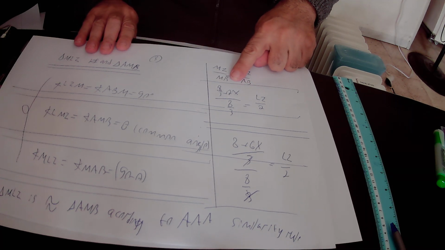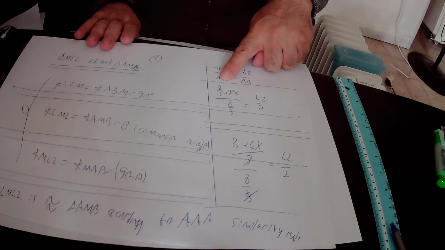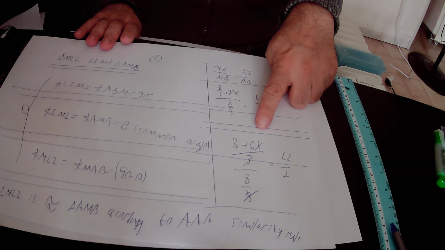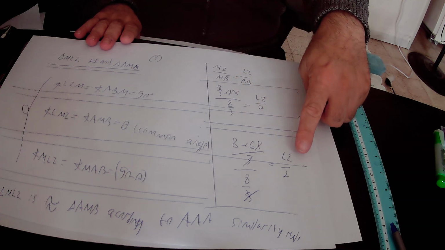Here we multiplied 2x by 3 and then we divided by 3 in order to have a common factor with 8 over 3. So here in the numerator we have 8 plus 2x times 3 is 6x, over 3, over 8 over 3, equals LZ over 2.